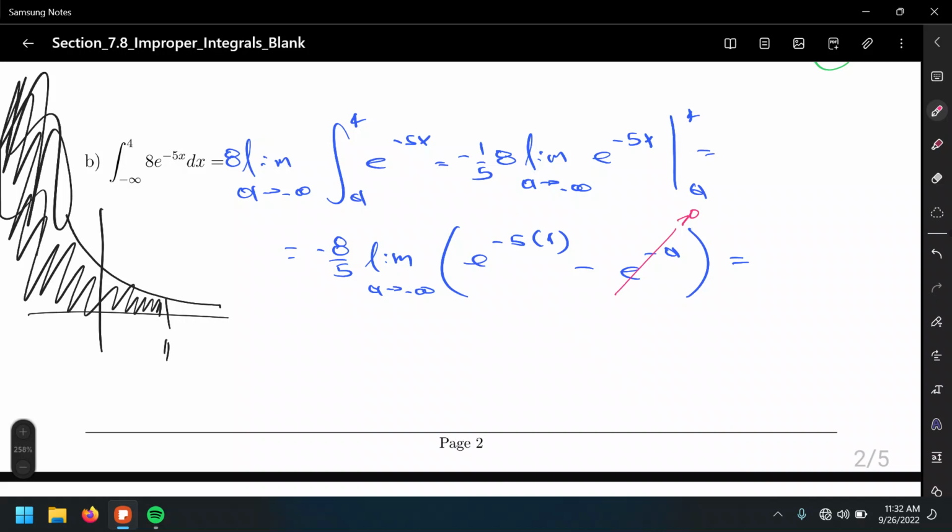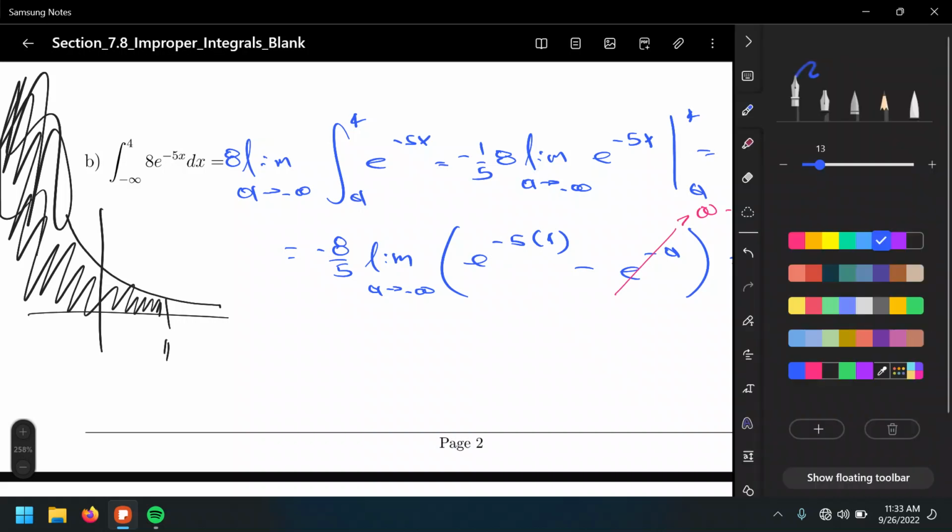For example, we would have negative e to the negative times negative infinity. What is this going to be? It becomes positive, right? So e to the infinity, it's still big, so this goes to infinity, and it doesn't matter what the remaining terms are. This is simply going to blow up to infinity.